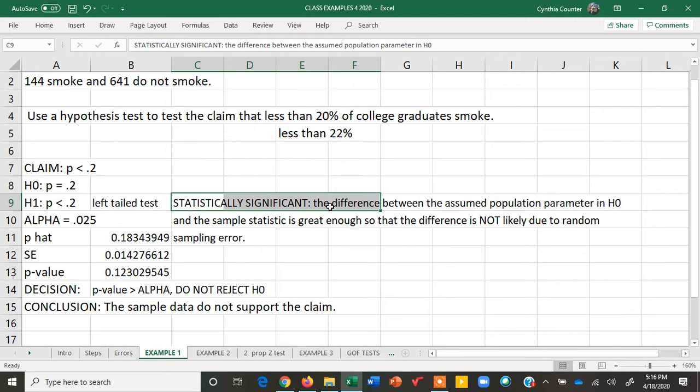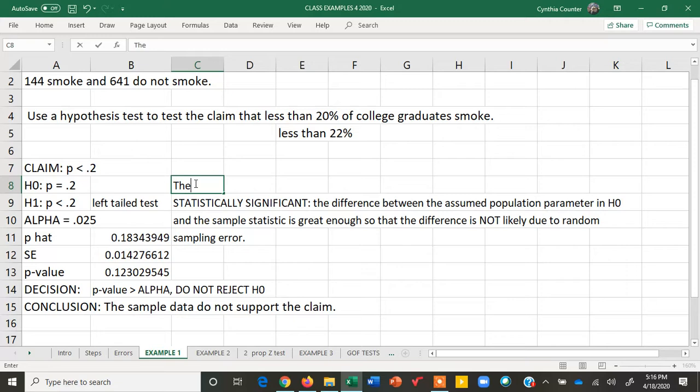It's like the hypothesis that my sample statistic is significantly different from the value claimed in the null hypothesis. The null hypothesis, therefore, would say the difference is likely due to random sampling error.